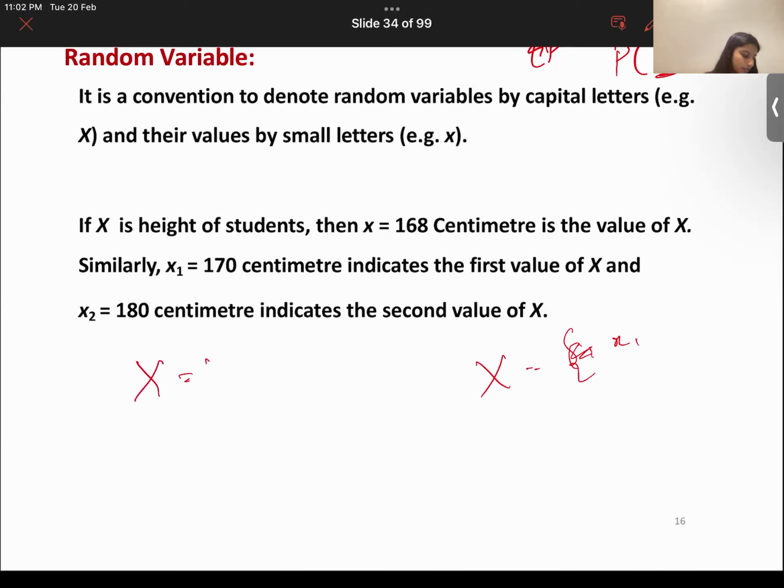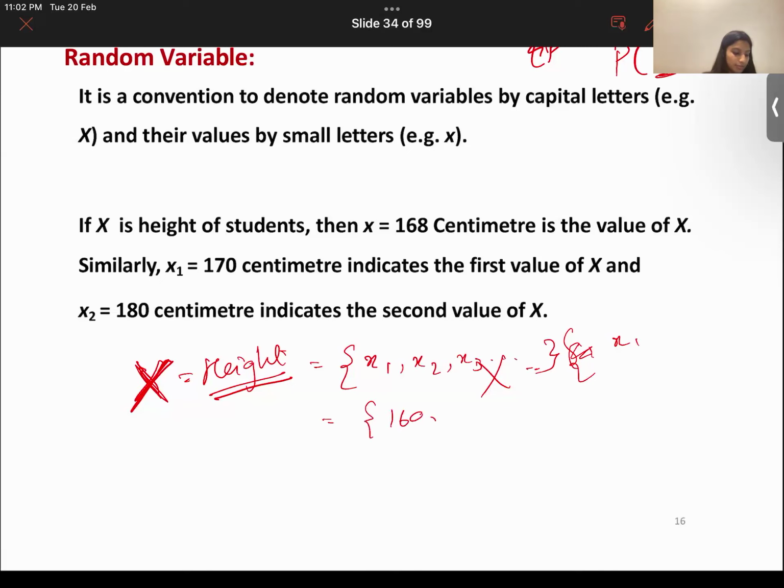So X is equal to the height of students. You're assigning a random variable X to denote height, and all the values, the events in this sample space, are x1, x2, x3, and so on. The height could be 160 centimeters, 158 centimeters, 175 centimeters. All these are denoted by small x.